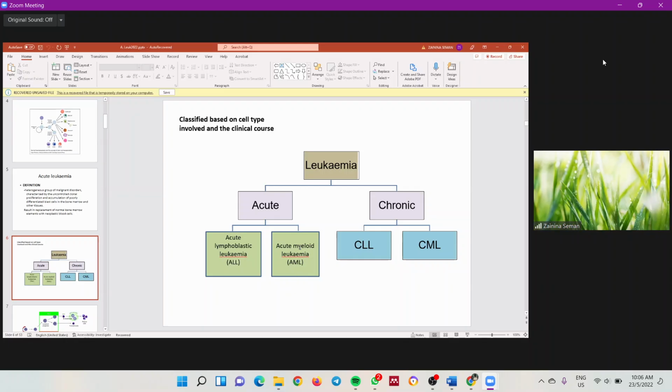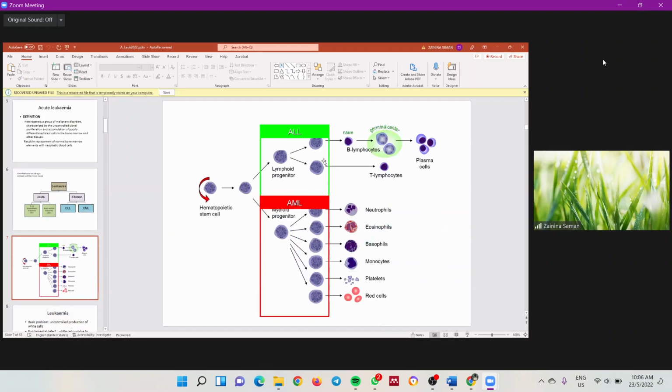From the name, ALL comes from the lymphoid progenitor, whereas acute myeloid leukemia comes from the myeloid progenitor. So your normal stem cells are committed into either lymphoid or myeloid, and depending on the leukemia, for ALL the cell is arrested at the lymphoid progenitor stage, which gives rise to lymphoblasts.